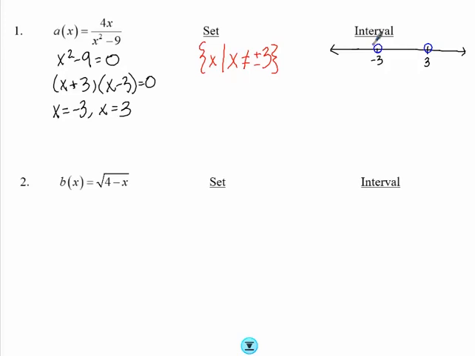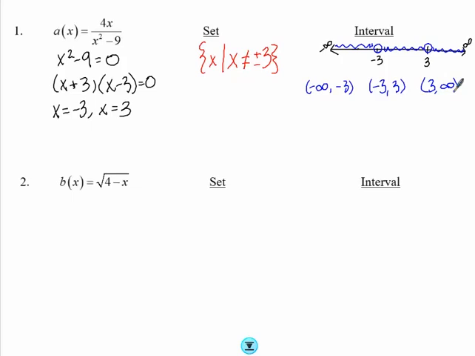So we have this interval, which is -∞ to negative 3. Then we have this interval, which is negative 3 to positive 3. Then we have this last interval from positive 3 to infinity.